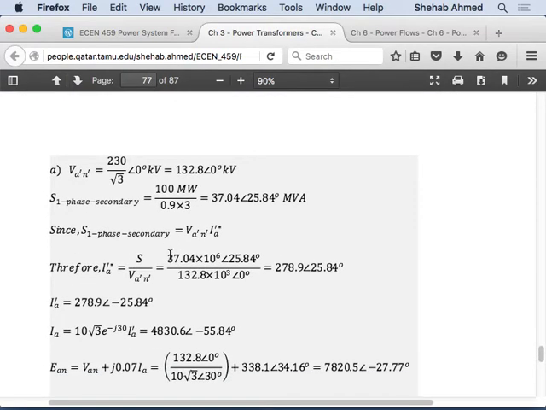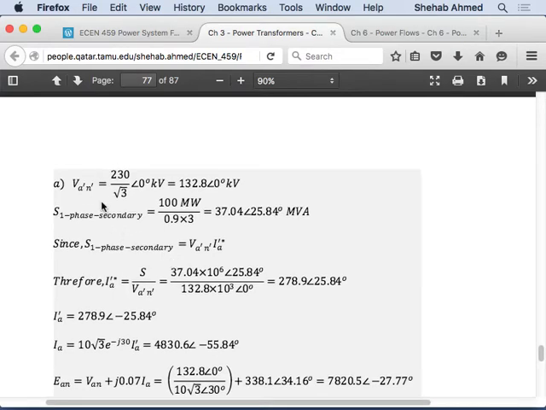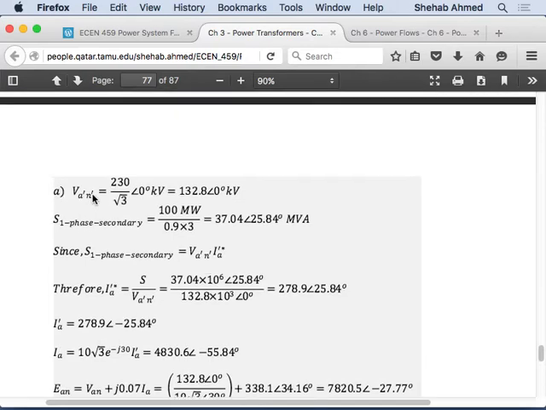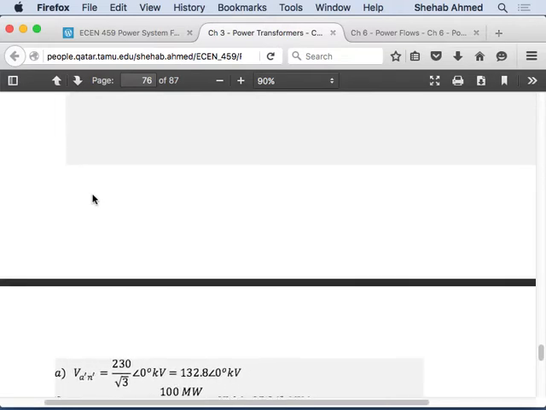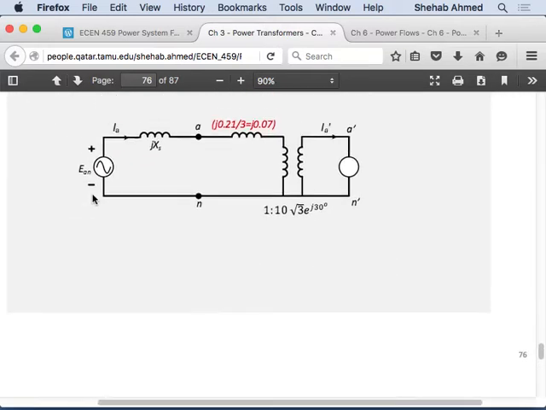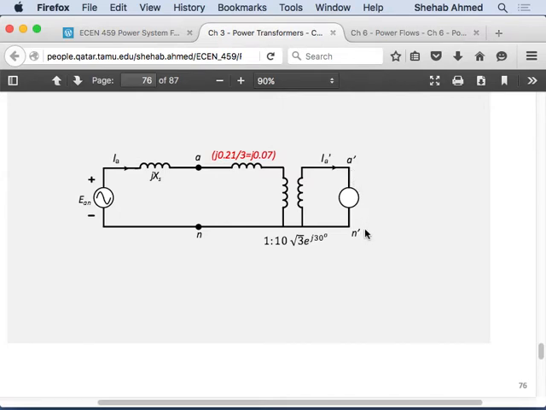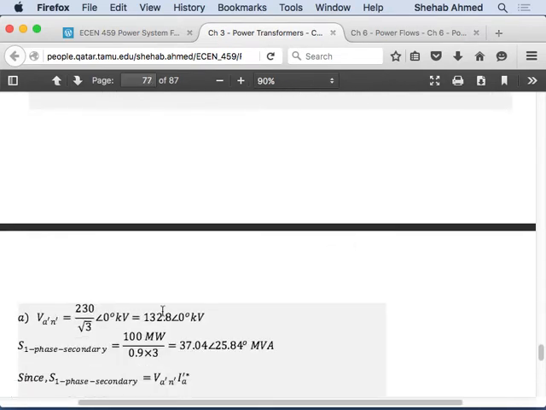So VAN prime is what? 230 angle. Yeah. So this voltage, A prime, N prime, is what they are saying, the 230 volts divided by square root of 3.